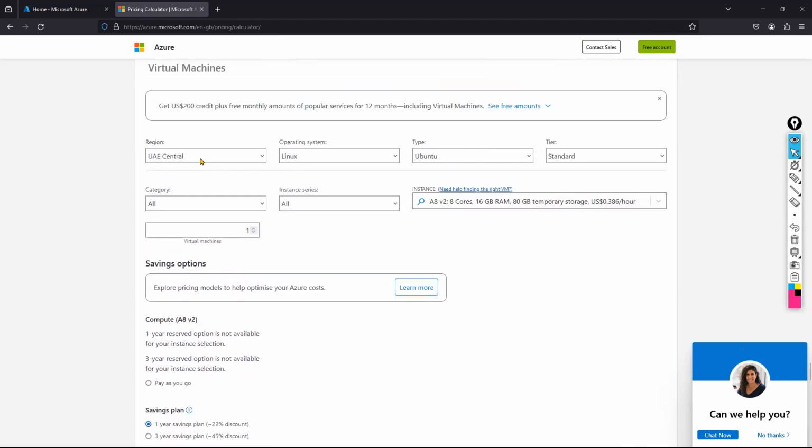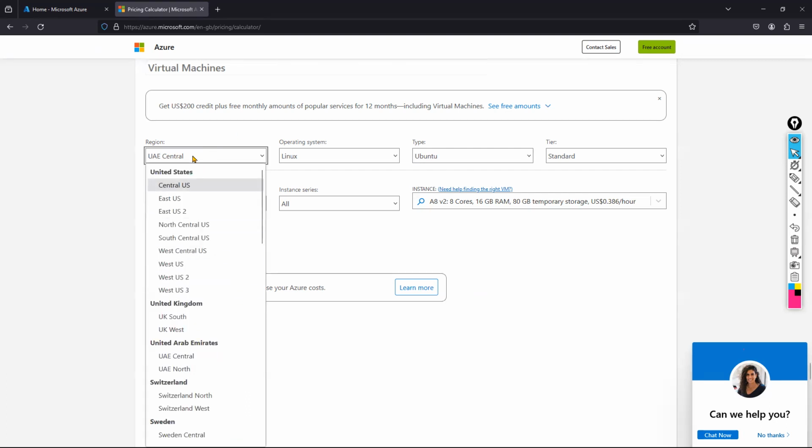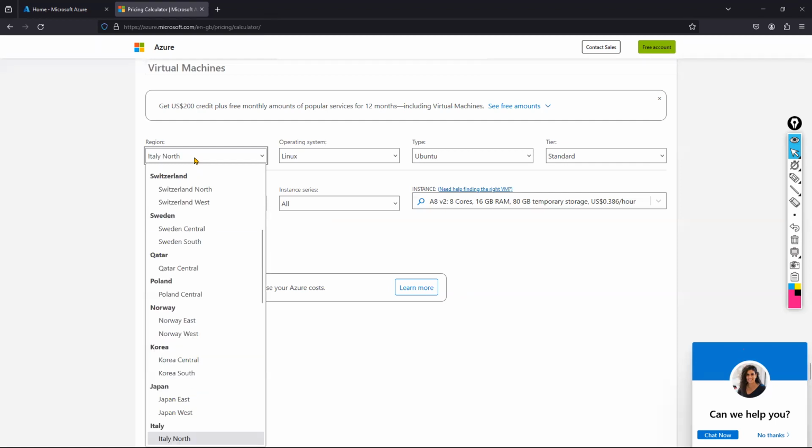Another factor depends on the region. Suppose my resources are running in India. In which region do I want to deploy for cost optimization? We need to look into that. In India, there are South India, West India and Central India. You can see that if I select Central India, it is $229.58. If I go with South India, it is 245. And if I go with West India, 245 remains the same.